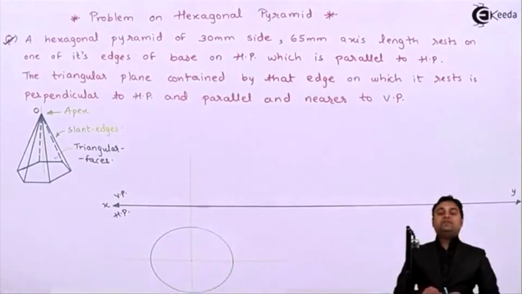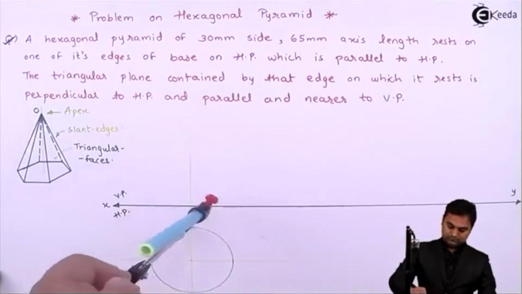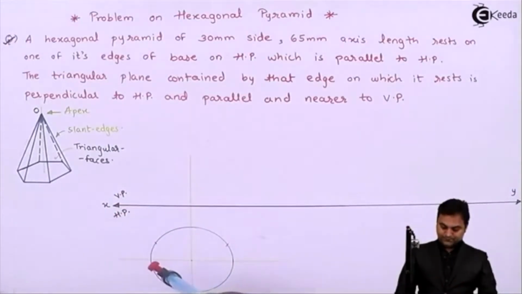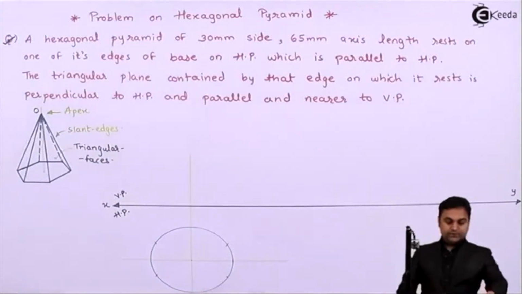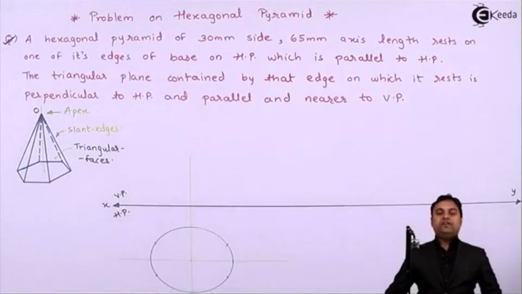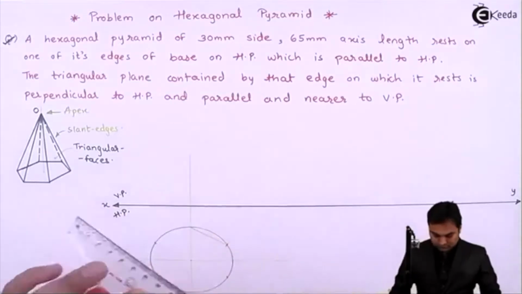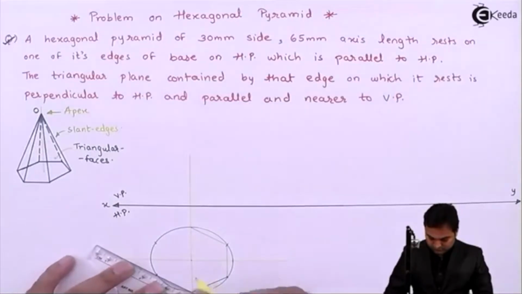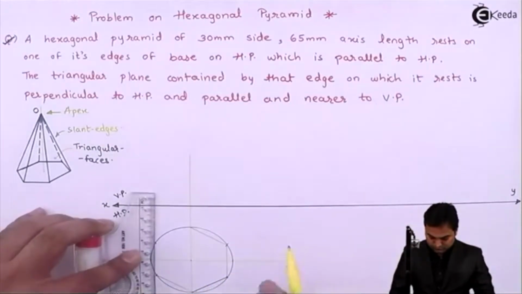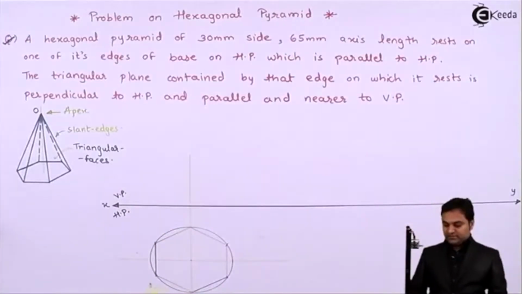Next, since the edges are parallel to HP, so the pyramid will be drawn in this way. Next, connecting these points with the help of light line. Now, in this way the hexagon should be drawn.